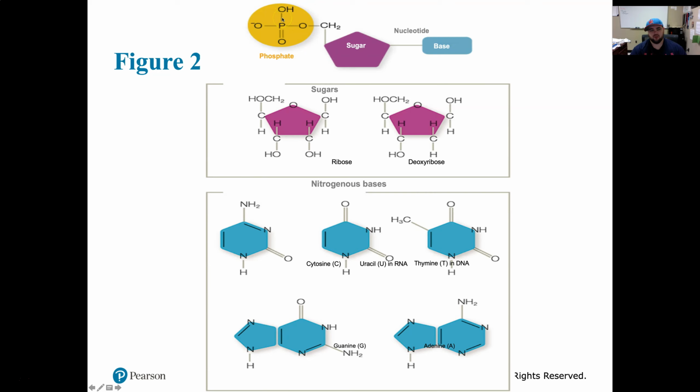So you'll still have a phosphate, you'll still have a sugar, but the actual nitrogenous base will change. Now, it depends on whether you have DNA or RNA. If you're looking at DNA, then it has a specific set of nucleotides. If you're looking at RNA, it has a specific set of nucleotides. And they vary between the two.